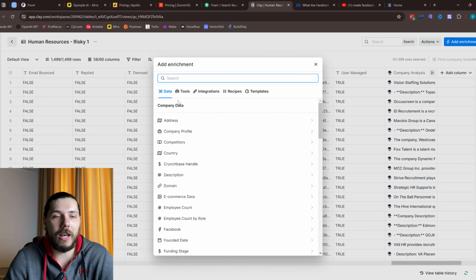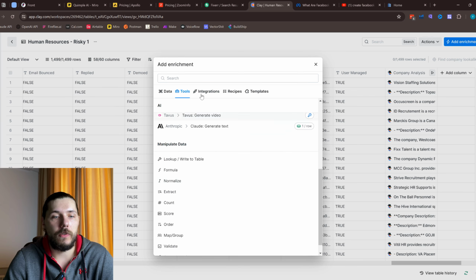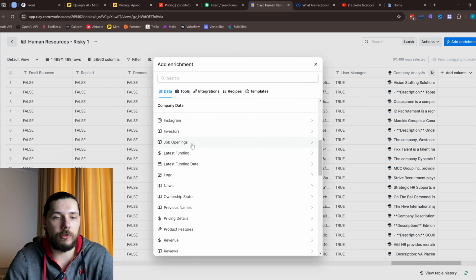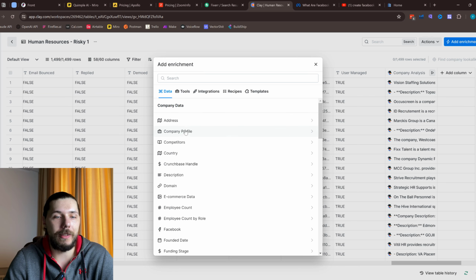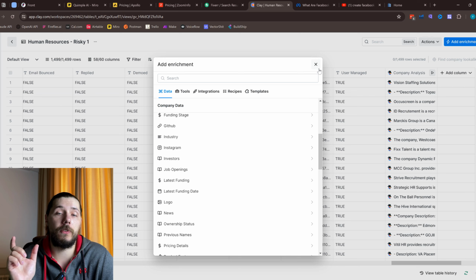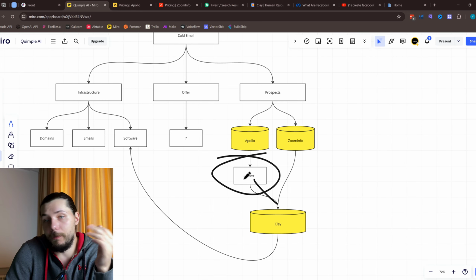There are a lot of enrichment details and integrations, so you can technically research everything about the company, their job openings, the LinkedIn profile, maybe competitors. There are quite a few different ways to personalize each and every prospect so that you can send them personalized emails further on.